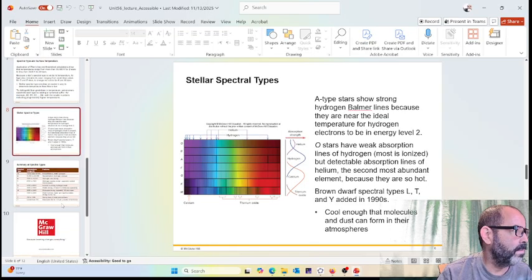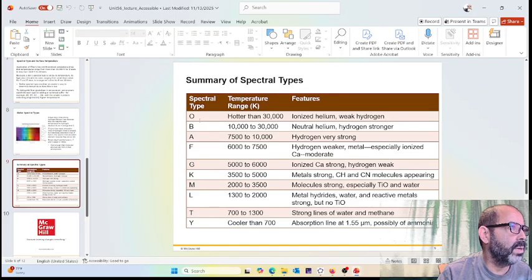Okay. So here is more about this classification. The O stars are above 30,000 Kelvin: ionized helium, weak hydrogen. Even helium is not in neutral form actually. And then the B classification stands between 10,000 and 30,000 Kelvin.